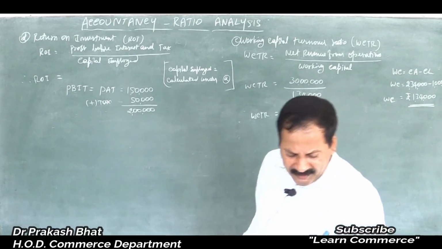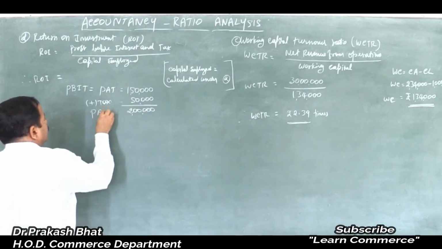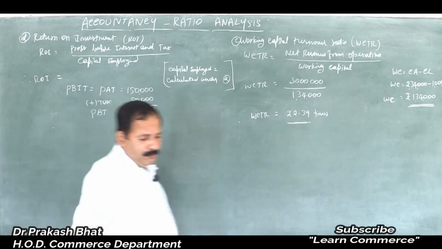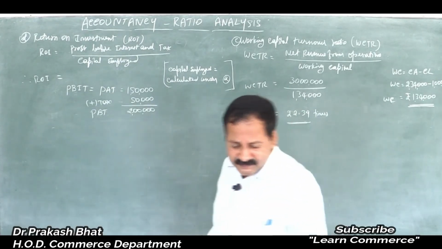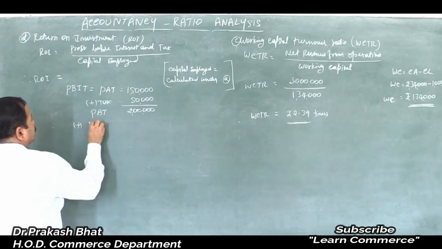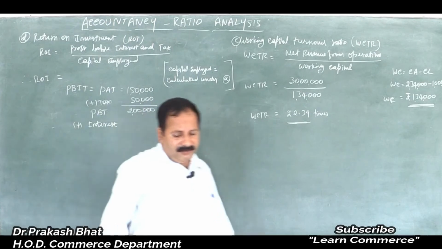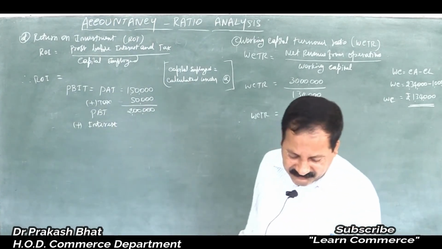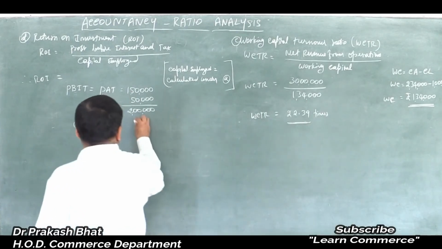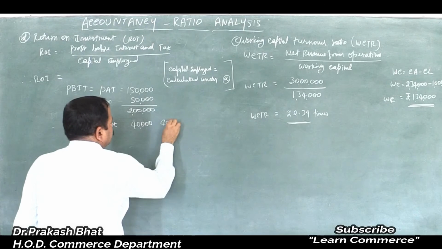If you add interest to that, this becomes profit before interest and tax. Interest on debentures is 10%, so 4 lakh into 10% becomes 40,000.